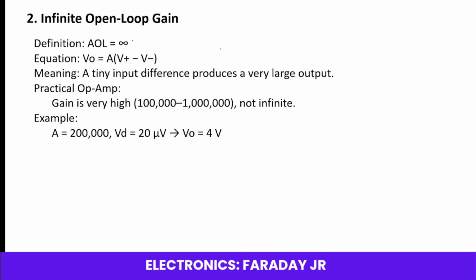We are saying that the gain of the amplifier is infinity, and the output is given by the gain multiplied by the difference between the non-inverting and the inverting input. Meaning any tiny input difference produces a very large output. You get it? So let's look at the practical op-amp.